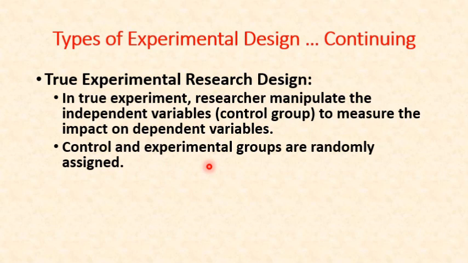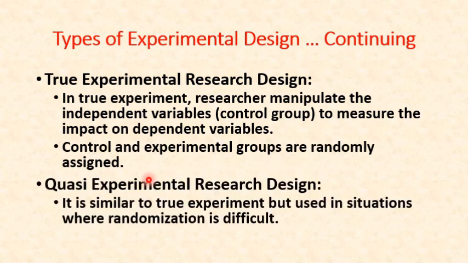Here the control and experimental groups are randomly assigned. Next one, quasi-experimental research design. It is similar to a true experiment but used in situations where randomization is difficult. So it is similar to a true experiment, and the only difference is the control and experimental groups are not randomly assigned.